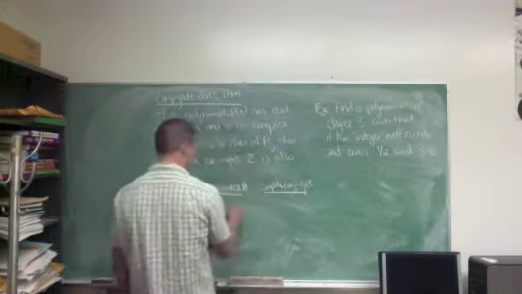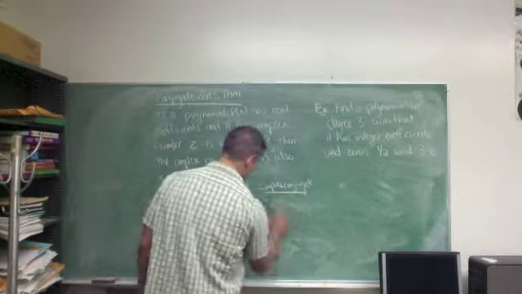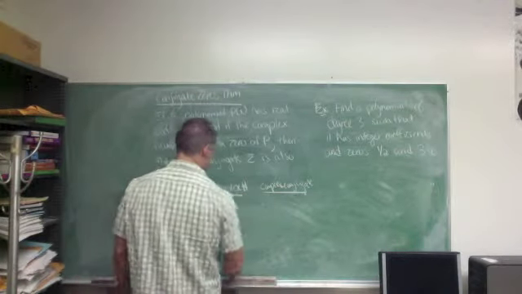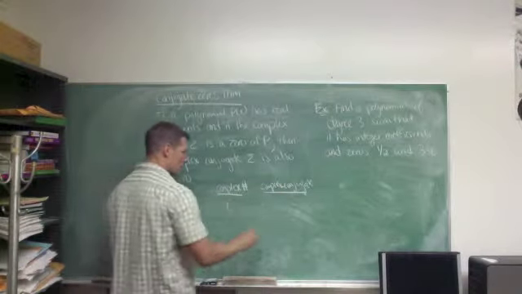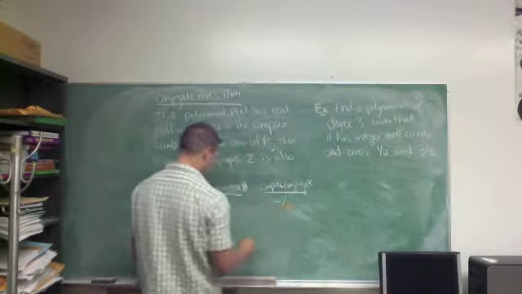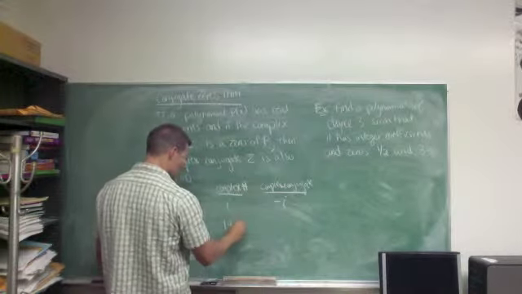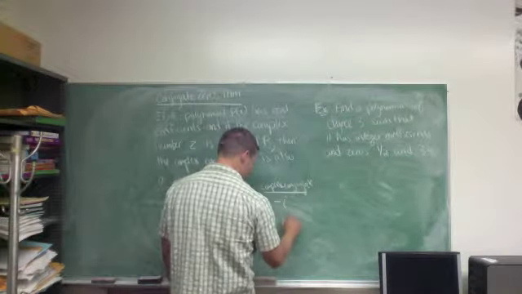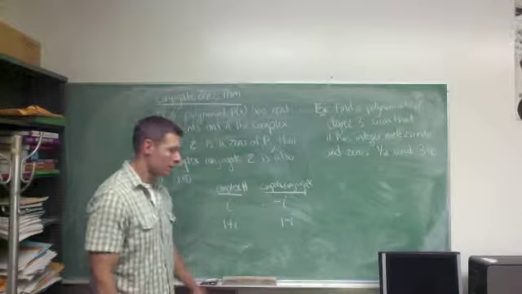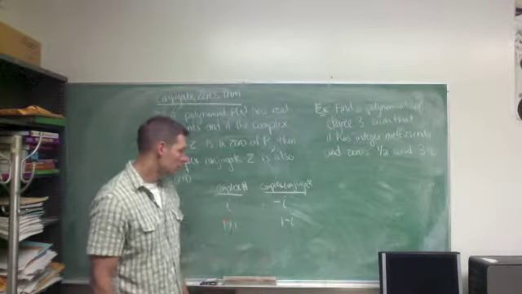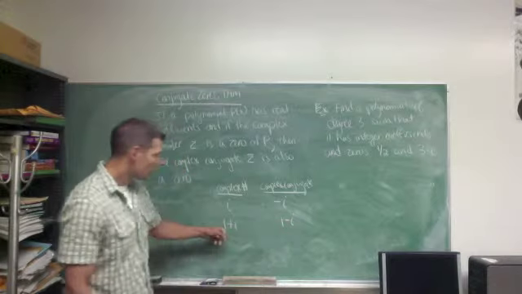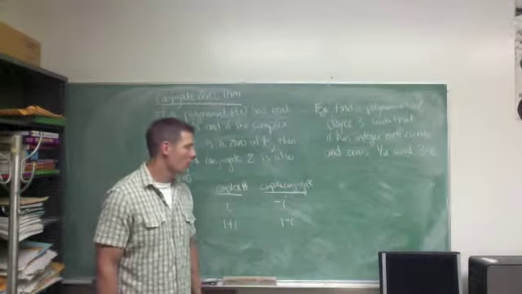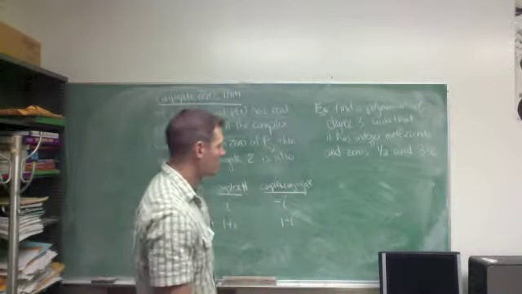If I have i as a complex number, its complex conjugate is minus i. And if I have 1 plus i, its complex conjugate is 1 minus i. So this is how we find complex conjugates. Notice that you just change the sign between the real part and the imaginary part. So suppose I want to find a polynomial of degree 3.